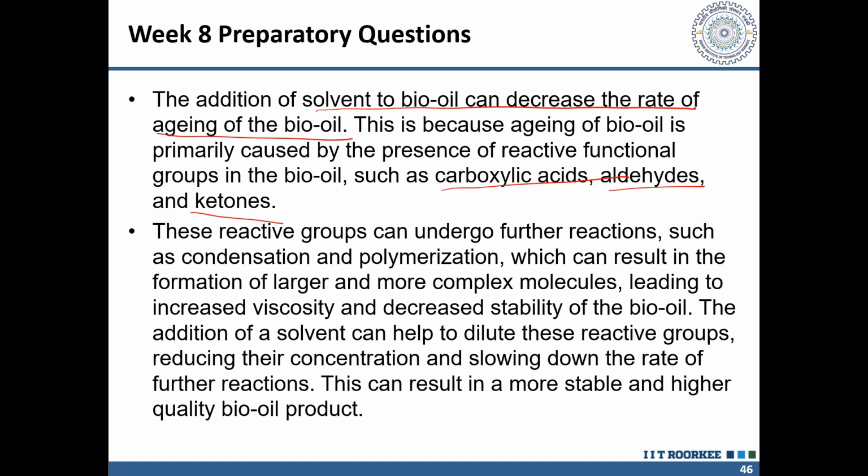These reactive groups can undergo further reactions such as condensation and polymerization, which can result in the formation of larger compounds. So if we add some solvent to the bio oil, the reactions in the bio oil will stop or happen at a very low rate. So the aging is not stopped completely, but the aging decreases with time if the solvent is present in it.